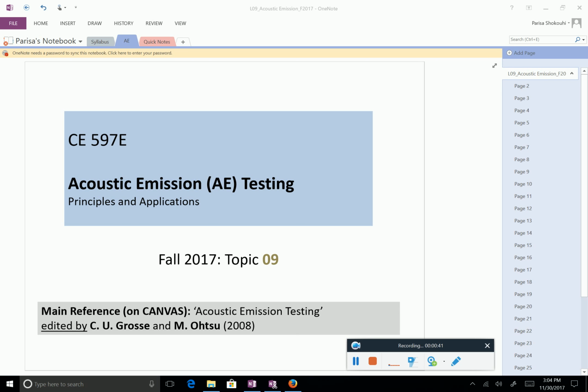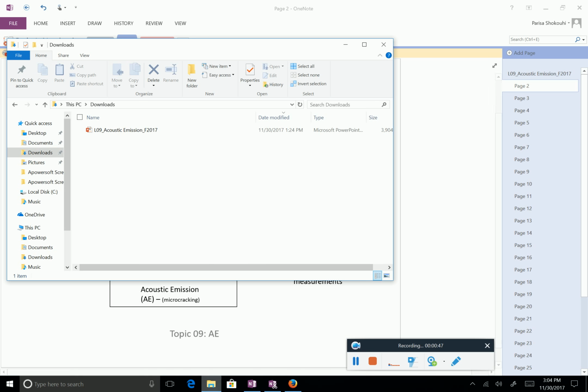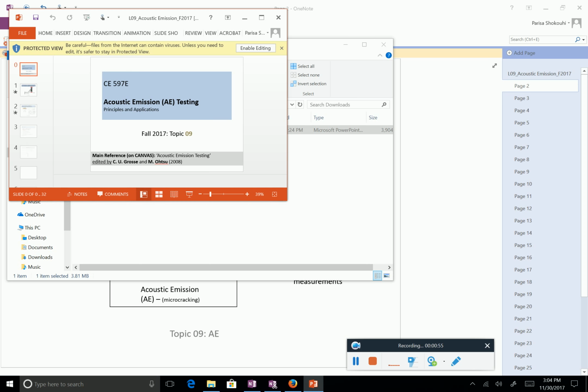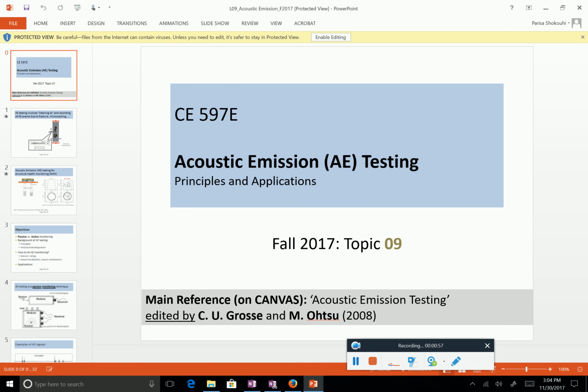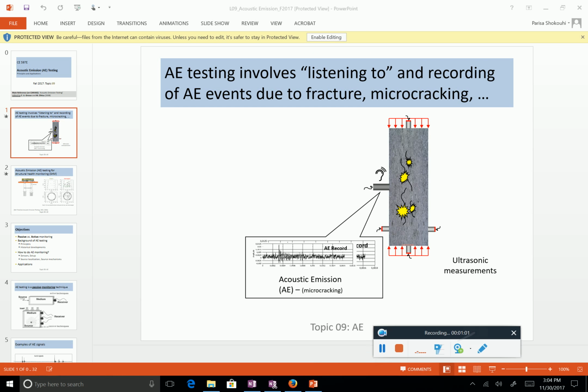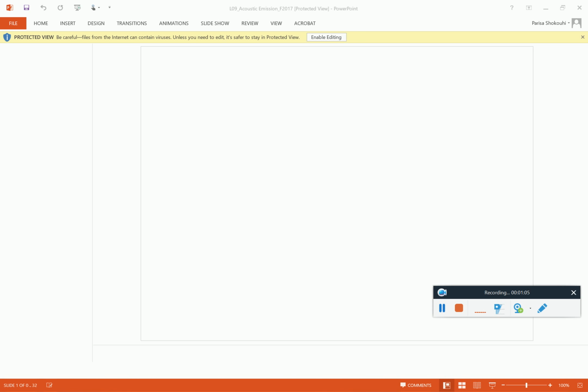Okay, great. I like to play this on the PowerPoint because of the animation. So acoustic emission is different from the other tests that we have talked about. And the reason for that, let's see.